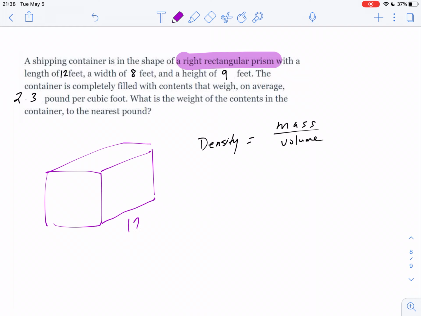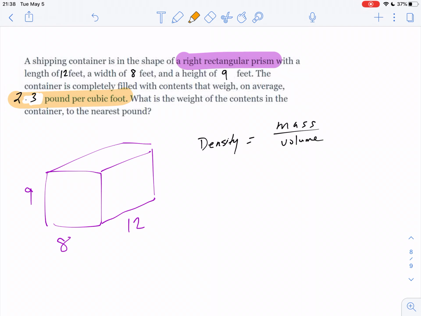With a length of 12 feet, a width of 8 feet, and a height of 9 feet. The container is completely filled with contents that weigh on average 2.3 pounds per cubic feet. Stop. That is a measure of density. 2.3 pounds per cubic foot is a density measurement. Again, weight, mass per volume. What is the weight of the contents in the container to the nearest pound?